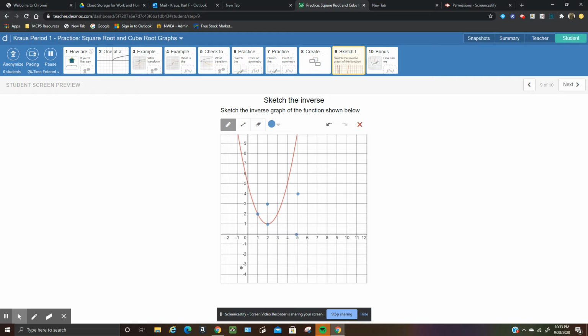Let's see if I can draw a graph in there. Oh, here we go. So we got a parabola on its side here. Let's undo that. All right.